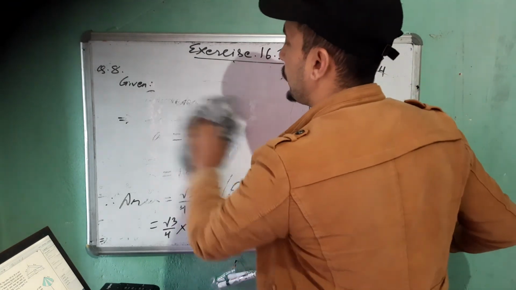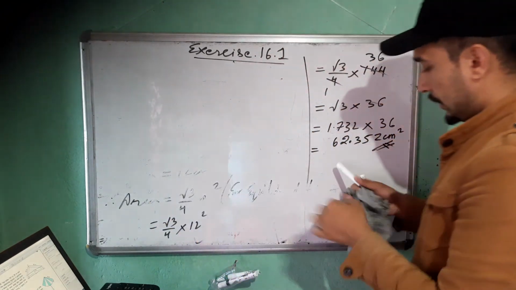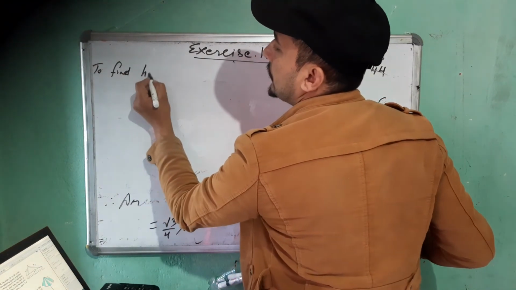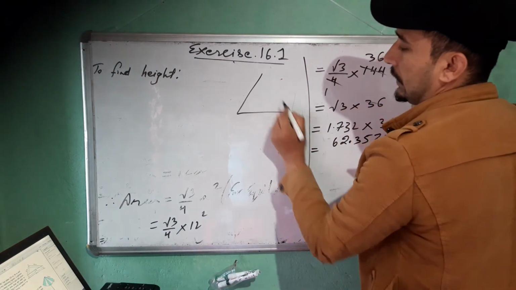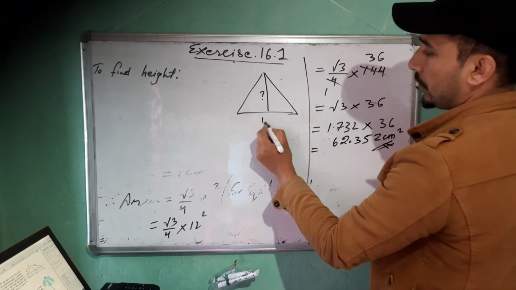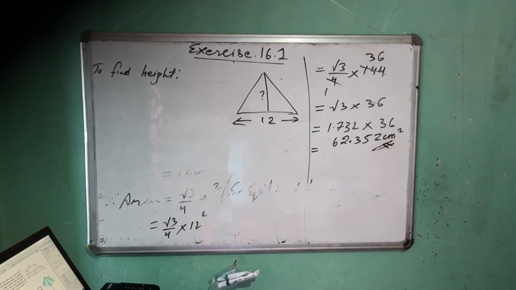For that, you use the formula half into base into height. To find height, height means this one. This is the question mark. This we have got 12. Base is 12. You have to find the height.